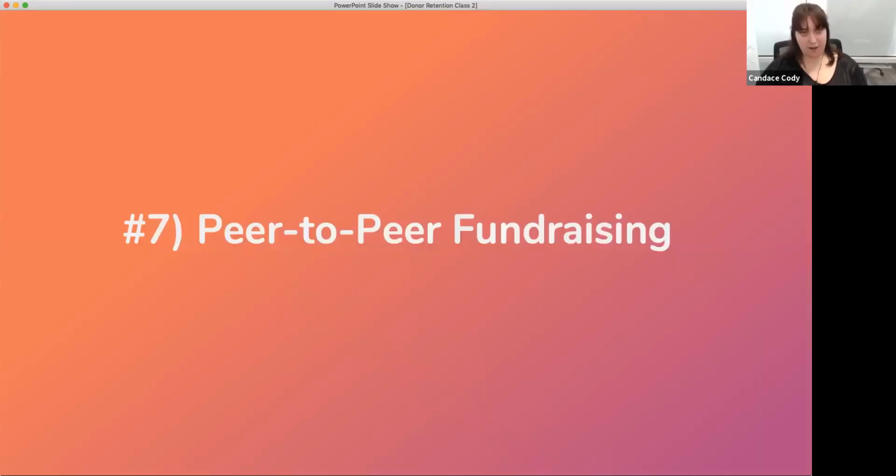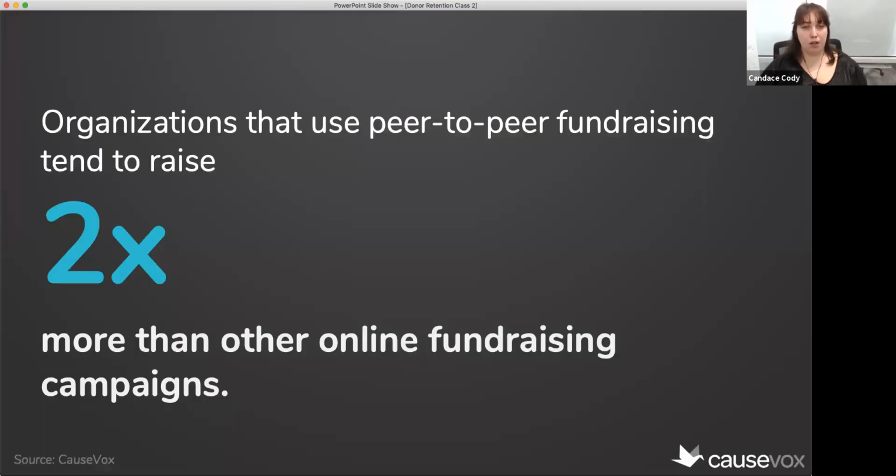Number 7. Okay, so peer-to-peer fundraising is a really interesting opportunity for you to drive existing donors to become more involved with your organization. Organizations that use peer-to-peer fundraising tend to raise twice as much as other online fundraising initiatives.